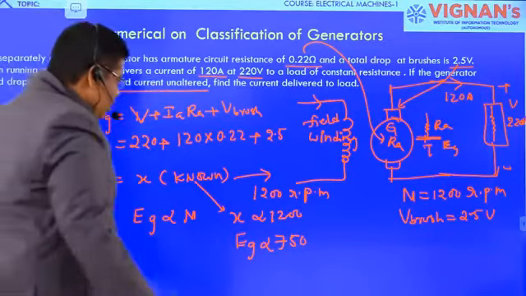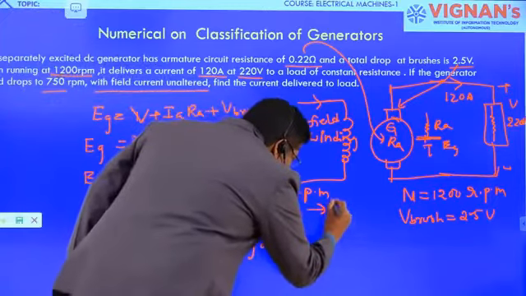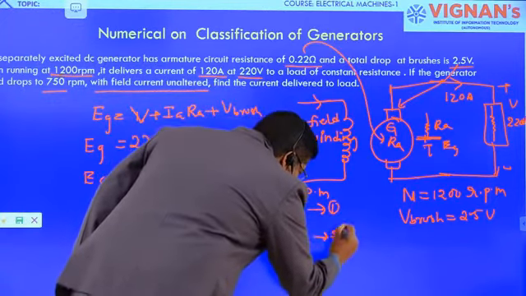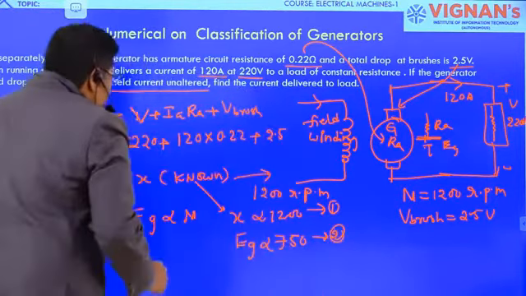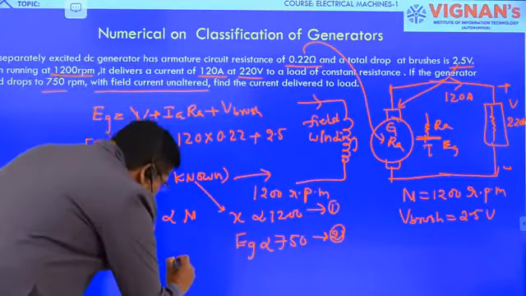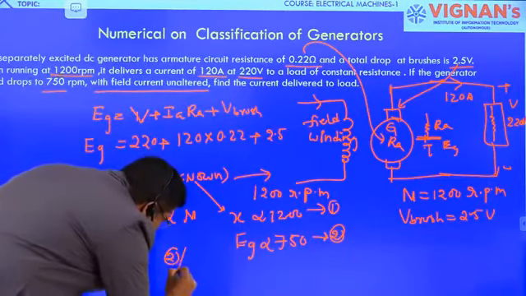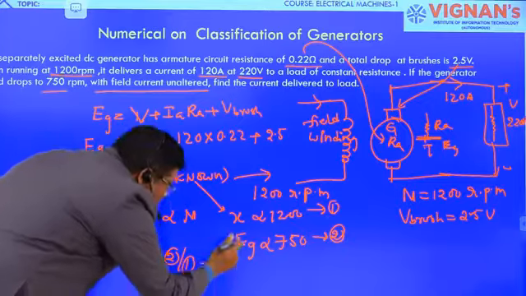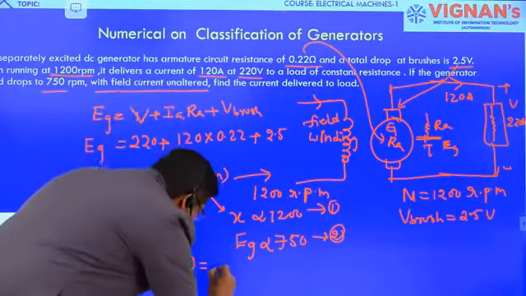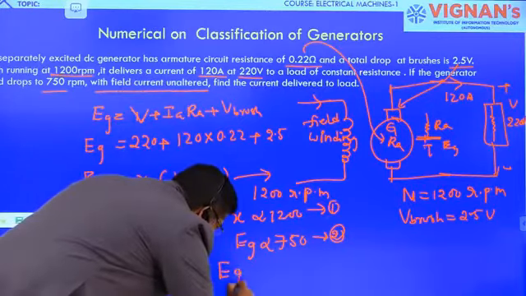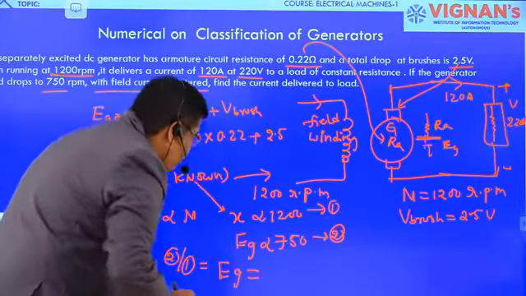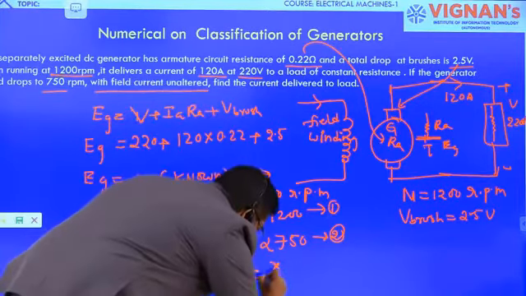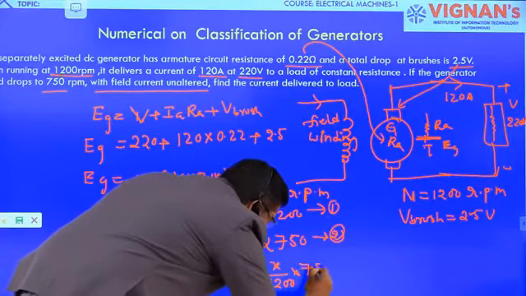Take this as equation 1 and this as equation 2. Now divide equation 2 by 1 and calculate the value of EG. The value of EG equals X by 1200 into 750.